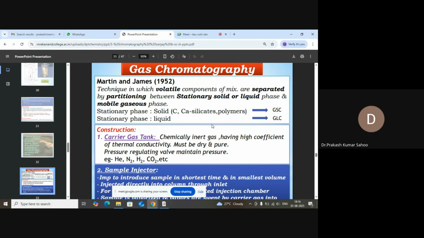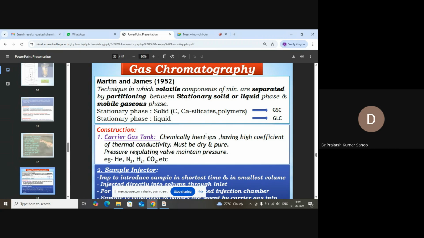So this is the technique in which volatile components of a mixture are separated by partitioning. Yes, that is the mechanism here. It is partitioning, and the partition coefficient or distribution coefficient is calculated, by partitioning between the stationary solid or liquid phase and the mobile gaseous phase.